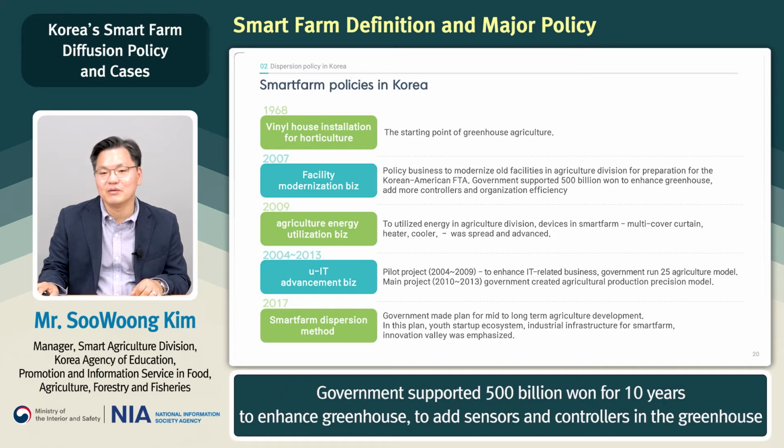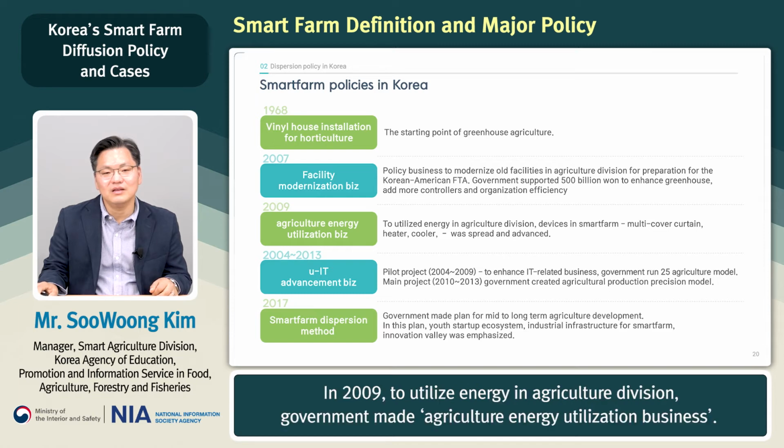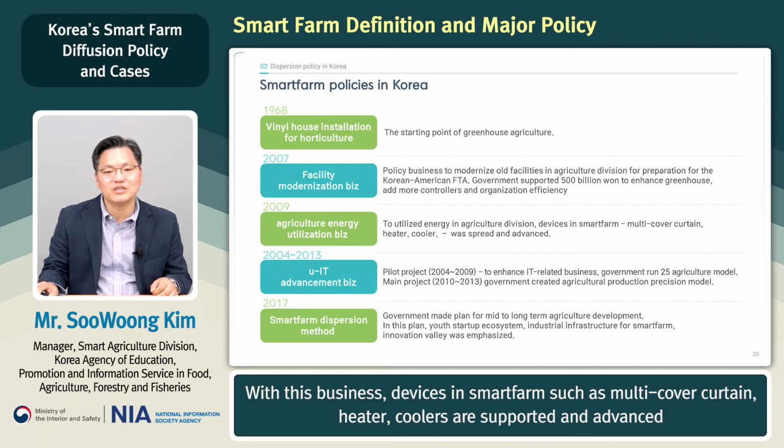The government supported 500 billion won for 10 years to enhance greenhouses, to add sensors and controllers in the greenhouses, to help efficient farm management. In 2009, to utilize energy in the agriculture division, the government made the agricultural energy utilization business. With this business, devices in smart farm such as multi-cover curtains, heaters, and coolers were supported and advanced.